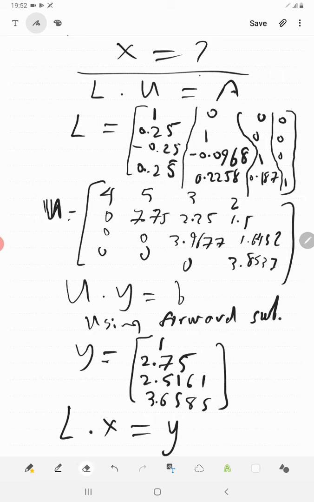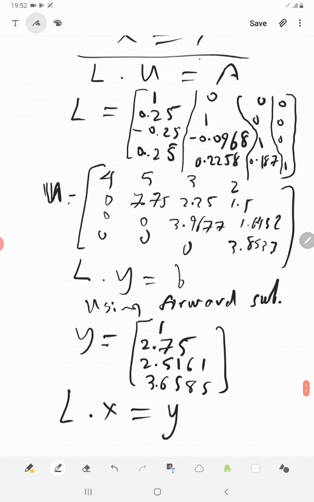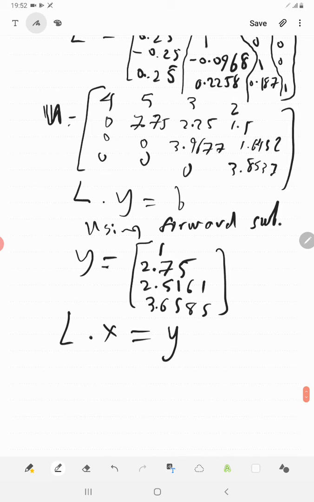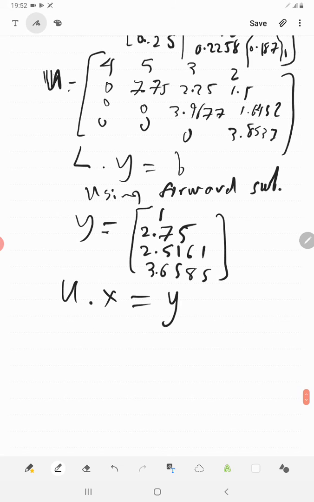Here is not U, here is L times Y, and then we use forward substitution. Then we use U times X, and for this we use backward substitution to determine X.